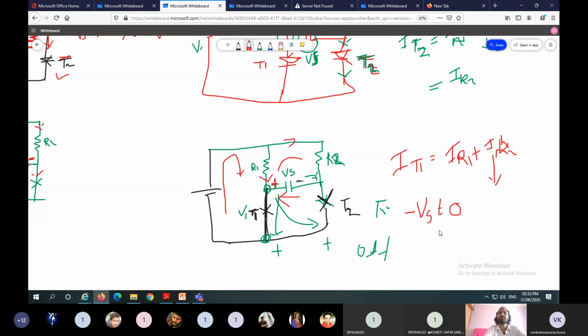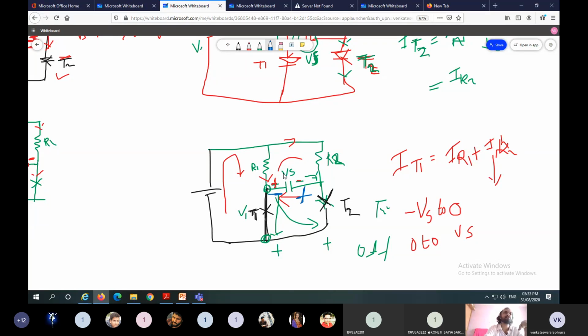During this time period there will be some flow of current. After reaching 0, it again starts charging, 0 to Vs. Now the polarities across the capacitor are this one minus, this one plus.